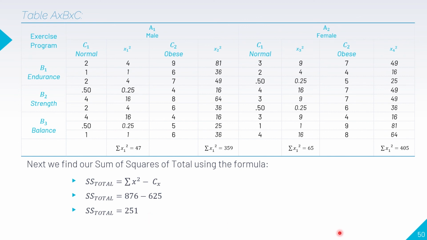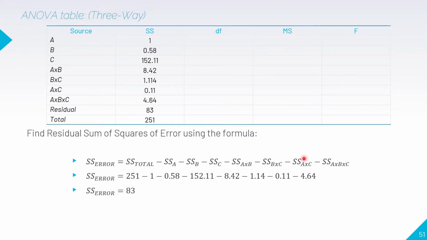The SS total now is 251. Now we can use our ANOVA table in our three-way. As already mentioned, with the source, we have A, B, C, AB, BC, AC, A by B by C, and the residual and the total. We already found the summations earlier, when we did the equations. Just need to put them here.